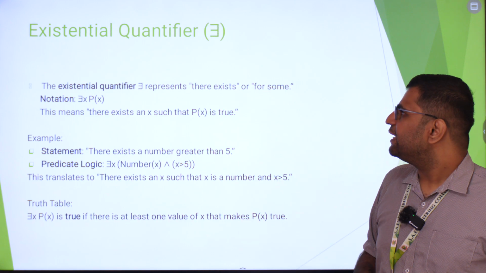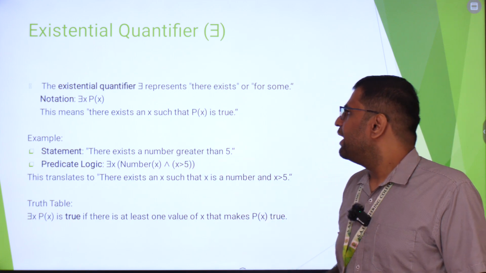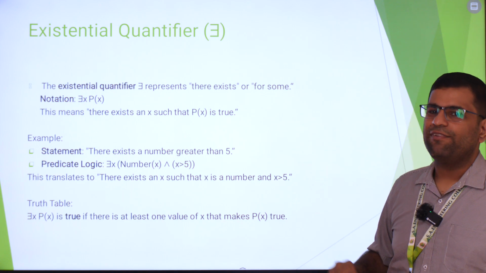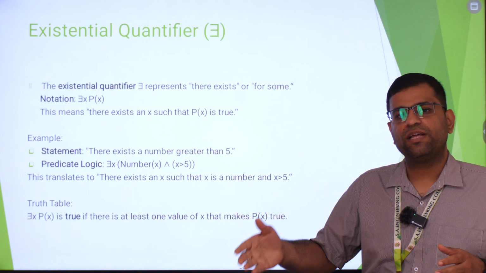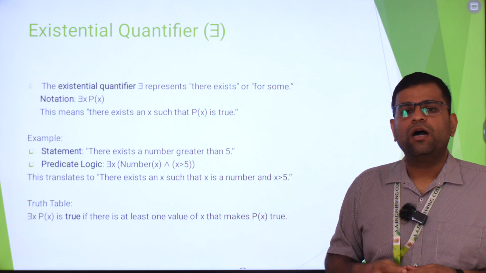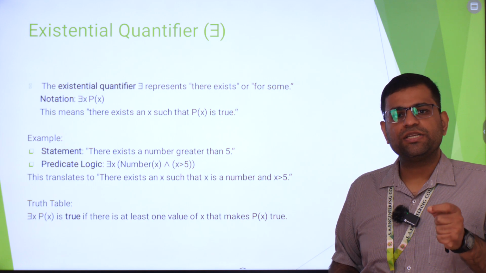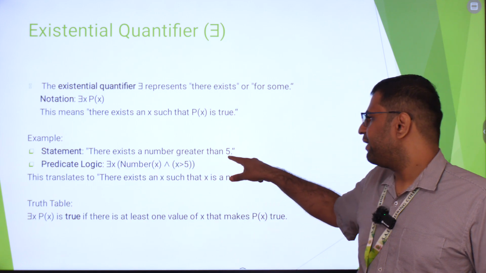Then we'll see the existential quantifier. The existential quantifier, the inverted E, represents that there exists a value, or for some values. So it should have at least one value. It can have more than one value, or all the values can be true. The basic condition is at least one value to be true. Let's say an example: there exists a number greater than 5.